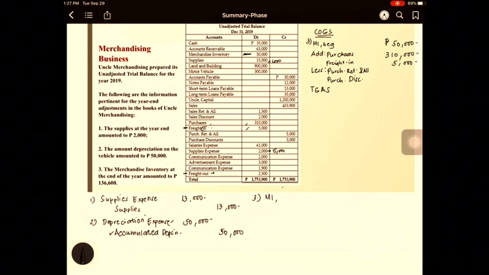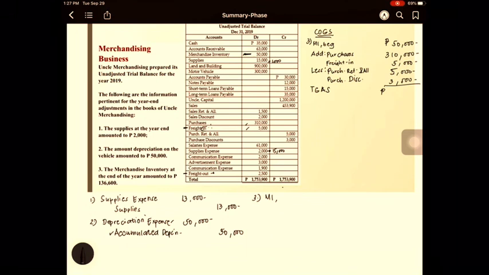How much is the value now of your purchase returns and allowances? That is 5,000. So we will deduct here your 5,000 pesos. And then we have your purchase discounts amounting to 3,000. We will deduct that also. So you get the balance.